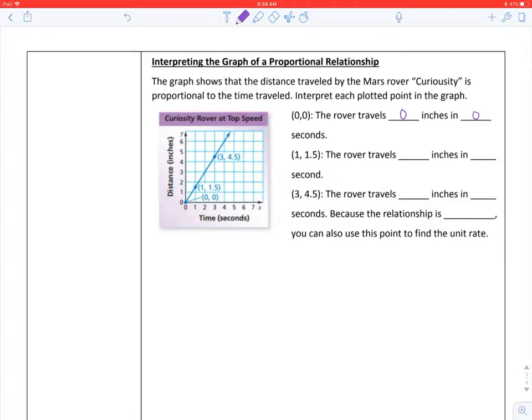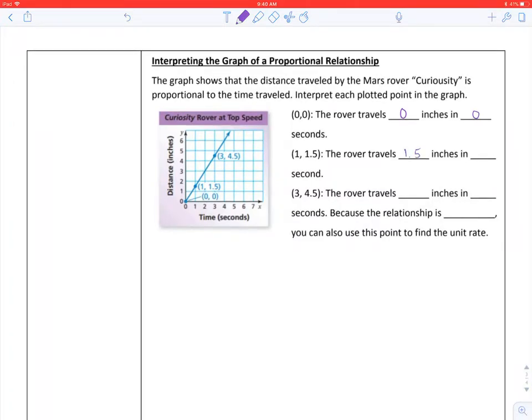But now at the second point of 1, 1.5, we would say that the rover travels 1.5 inches in 1 second. You've got to keep in mind that this first value is the x value, and the x-axis is measured in time. So that 1 represents 1 second, which is why we're going to put it in this blank, because that's talking about the seconds that have passed by.